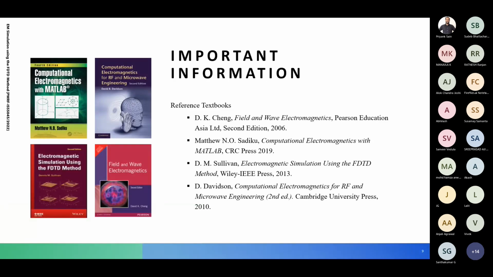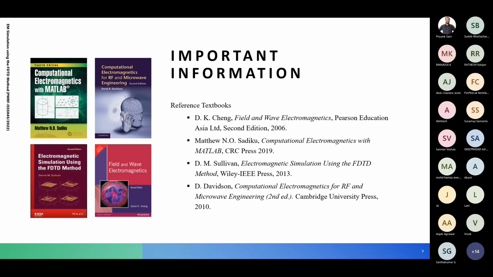Another important piece of information: these are the four textbooks I'll be following for this course. For the review of EM theory, I think the book by D.K. Cheng, Field and Wave Electromagnetics, is the best. You can also look up the book by Professor Balanis, which is also a very good book.